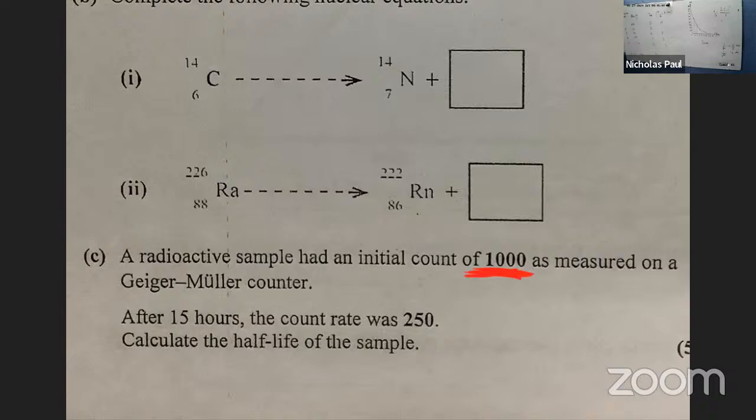So it took 15 hours to reach 250. So we need to figure out how many half-lives it took to reach 15 hours. That makes sense? You want to get to 1 half-life. Okay with that? That 250 is what fraction out of the 1,000?